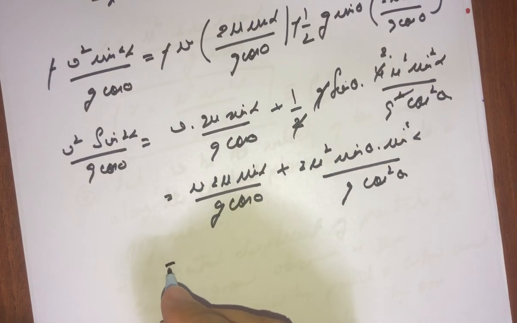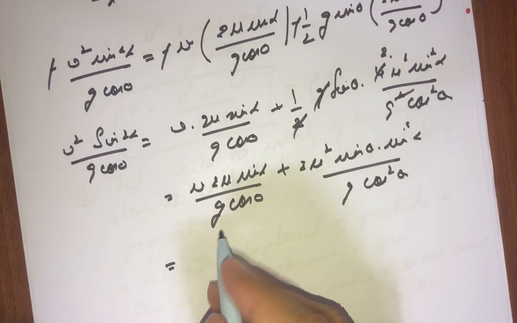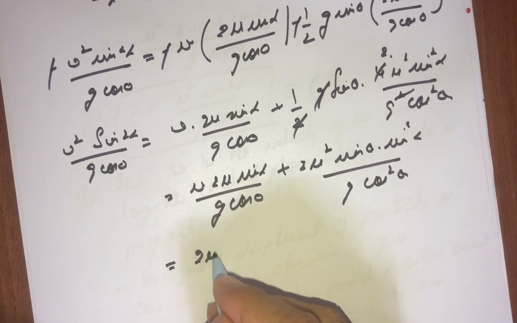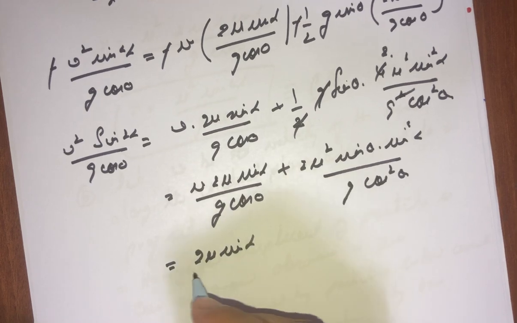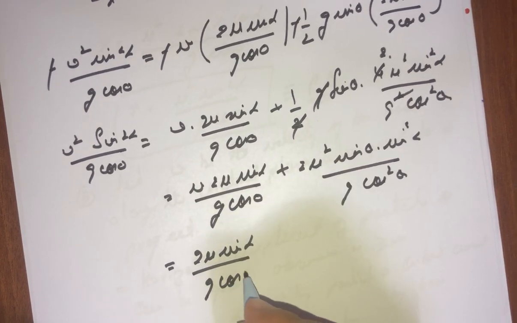From this equation we take common 2u sine alpha divided by g cos theta.